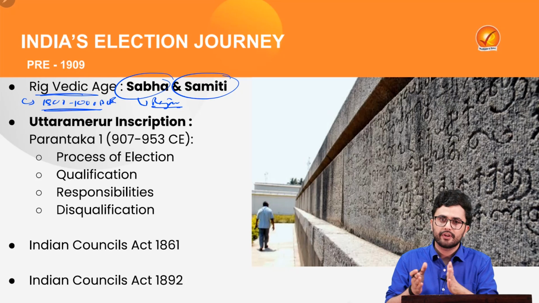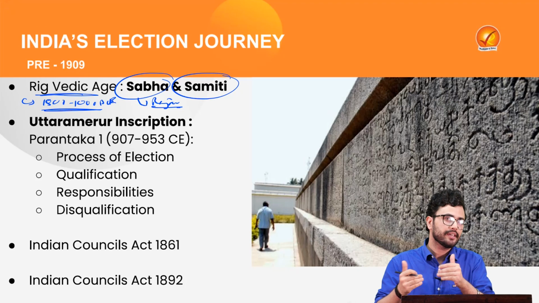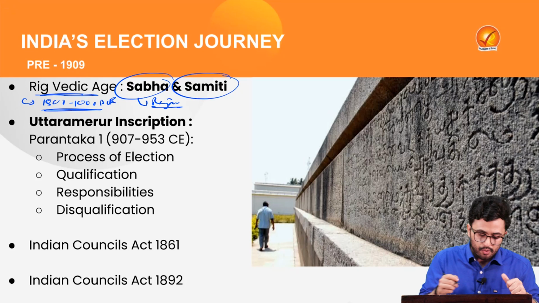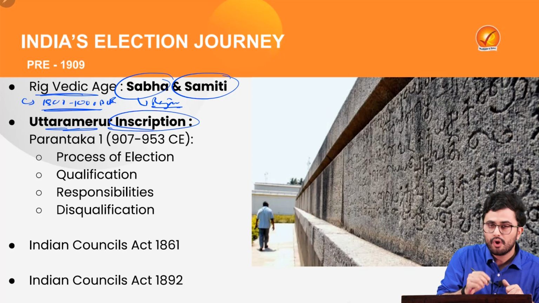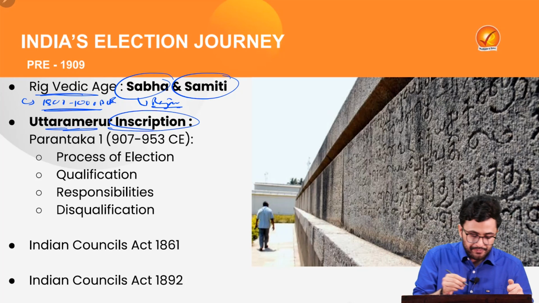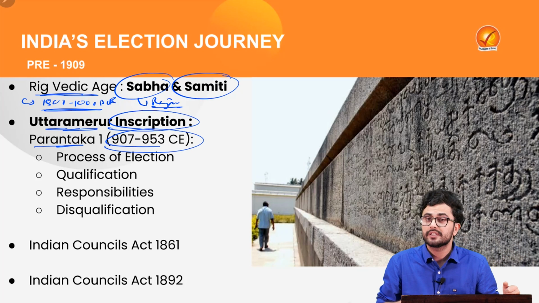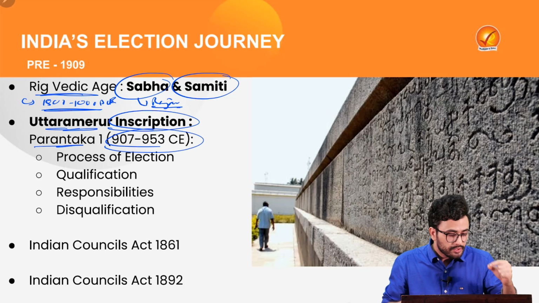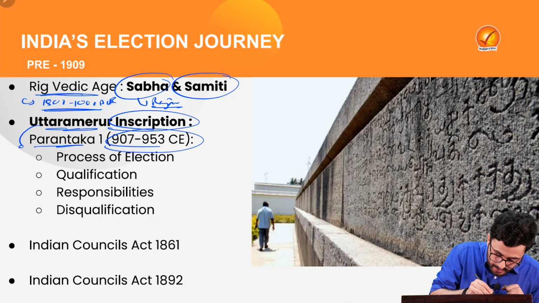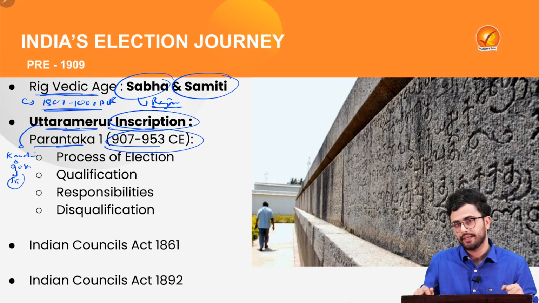However, the written records of such elections taking place come from the Uttara Merur inscription of Parantaka Chola, whose reign was from 907 to 953 CE. The Uttara Merur currently lies in the Kanchipuram district, which is 90 km southeast of Chennai.